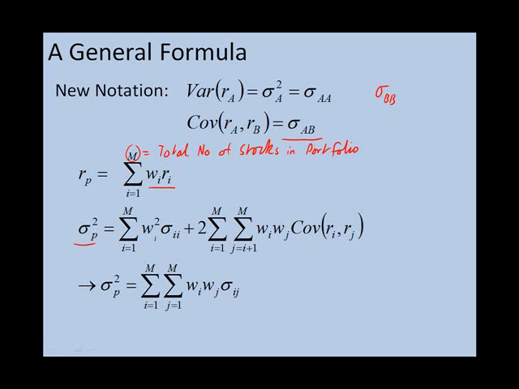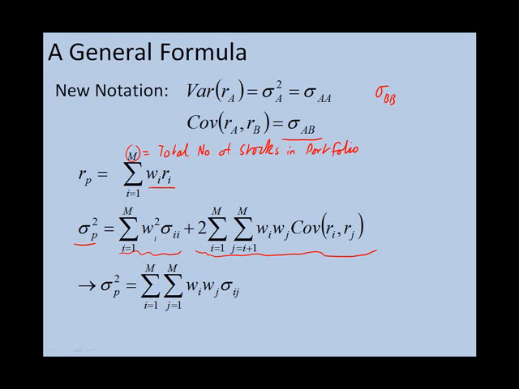We also have the formula for portfolio variance, which is equal to the sum of Wi squared times sigma ii. This is the variance component here. And then we have our covariance component, which is going to be equal to 2 times the double summation of Wi, Wj times the covariance between stock i and stock j.